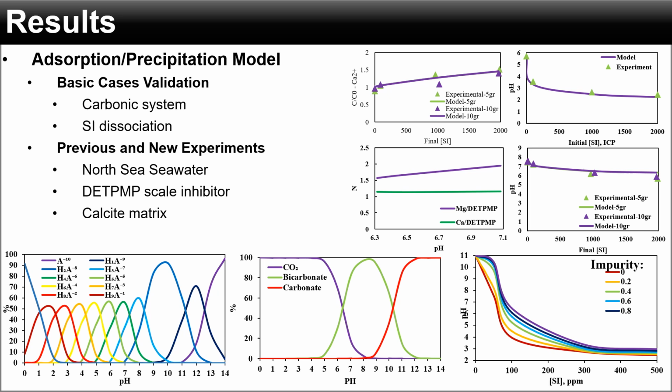Then we need to consider previous and new experiments regarding the DTPMP, calcite, and brine system, North Sea seawater. The results of these experiments will be compared with the results from the model to confirm and validate the model. This has been done up to now, and we have got very good results for these systems, and we have nearly confirmed our developed model for the equilibrium part.